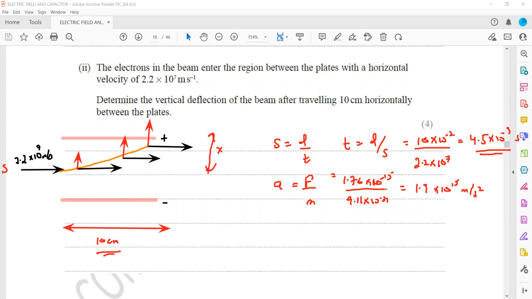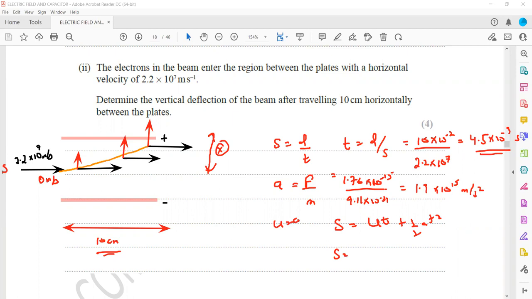Now, after getting the acceleration, we'll use the equation of motion. Here the initial vertical velocity is 0, and we want to get this displacement. So we'll use the formula s = ut + ½at². Because the initial velocity is 0, s = ½at².